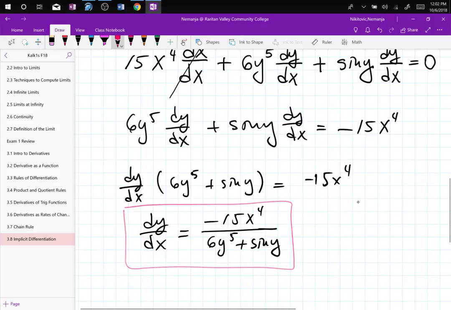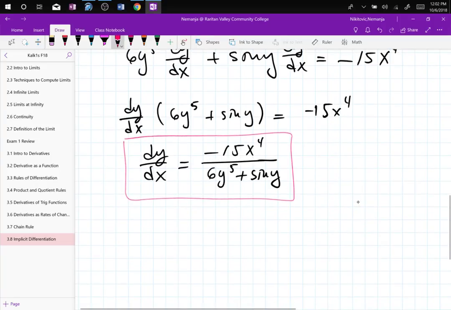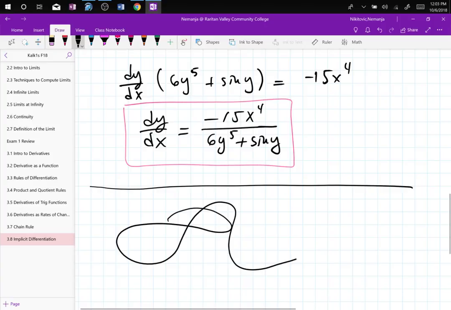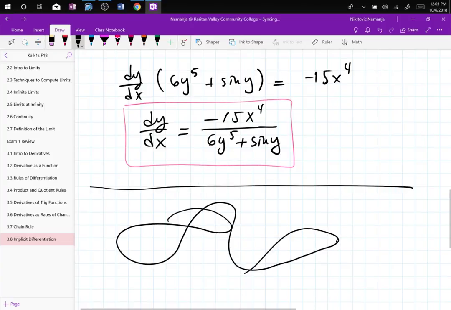Ugly? Sure. But possible. We can take derivatives of equations that are not functions, because we can always find a tangent line. I don't care how twisted the function is. Whee! Right? I can go and I can find a tangent line, and another tangent line, and another tangent line, and another tangent line.